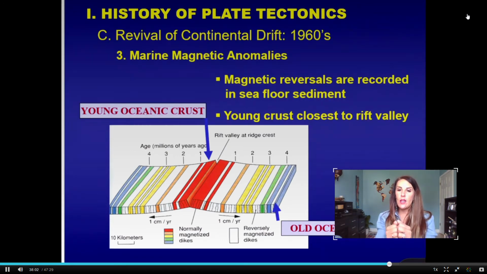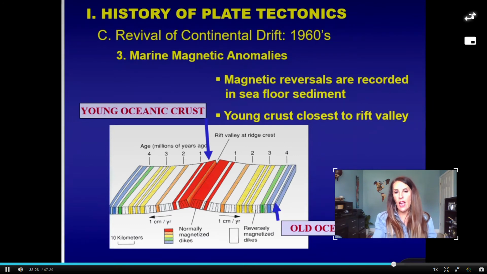And what they noticed is that at the Rift Valley, you get also a younger signature of rock, because remember, they're able to age date these rocks too. So they go back and they age date the rocks, and they notice that the younger portion of that Rift Valley is closest to the mid-ocean ridge, and then they get consecutively older away.